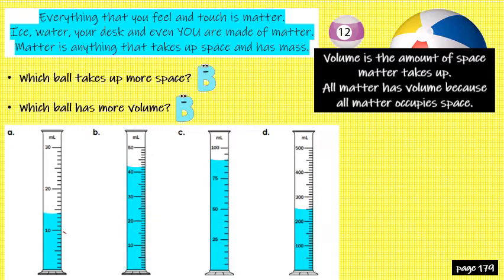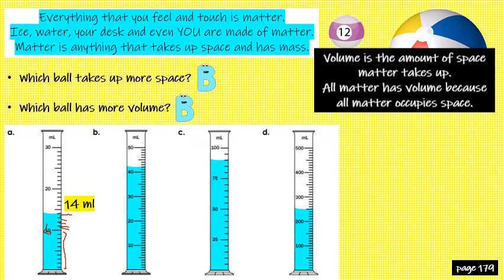Each 10 lines are equal to 10 milliliters. This means that each line is equal to 1 milliliter. So let's start counting. 10, 11, 12, 13, 14. The volume of the liquid in the first graduated cylinder is equal to 14 milliliters.